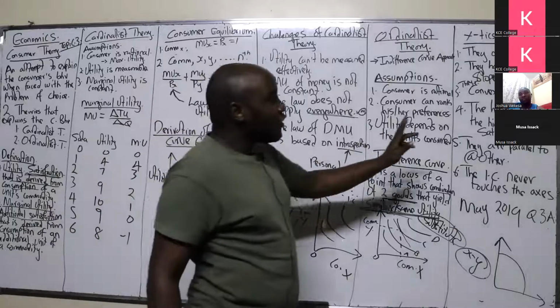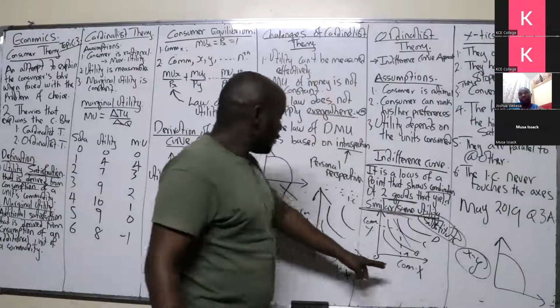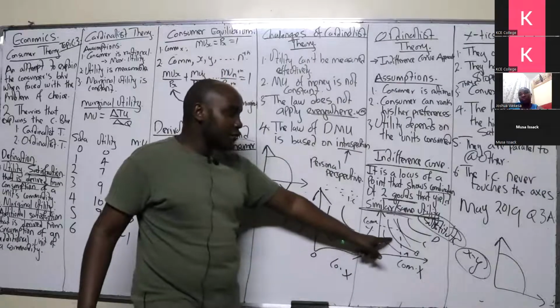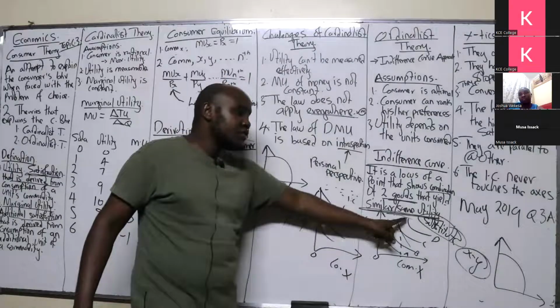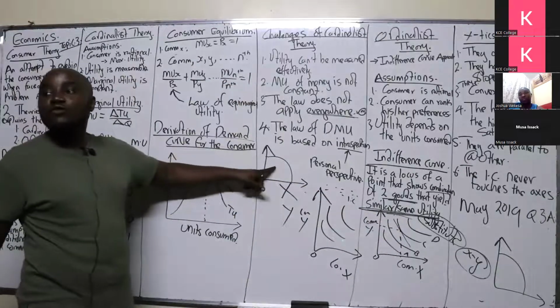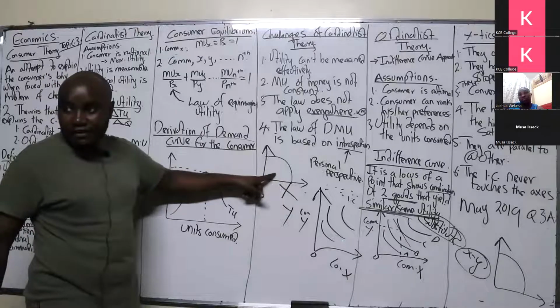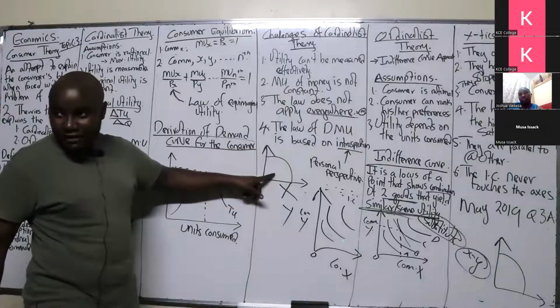This one is convex. This one shows combinations of two commodities that yield similar utility. The production possibility frontier shows combinations of two commodities when we have effectively utilized our resources.